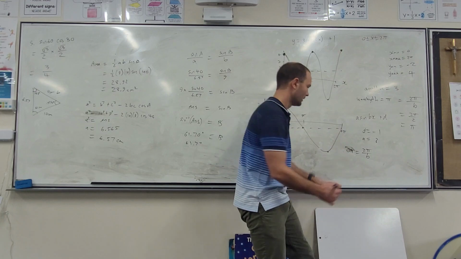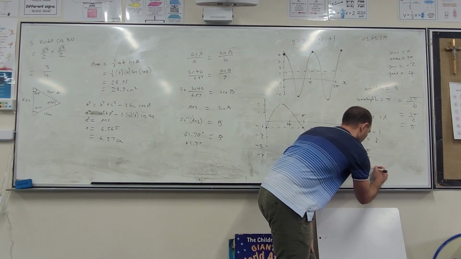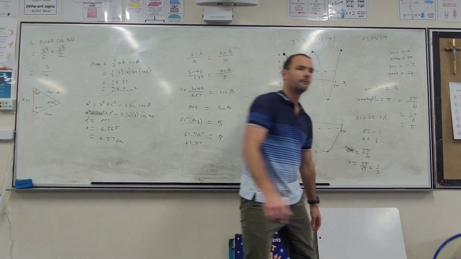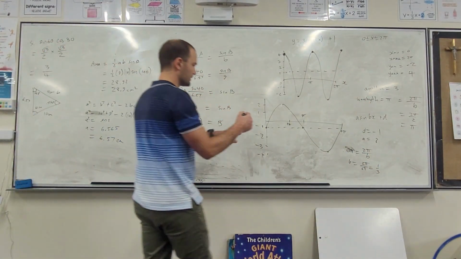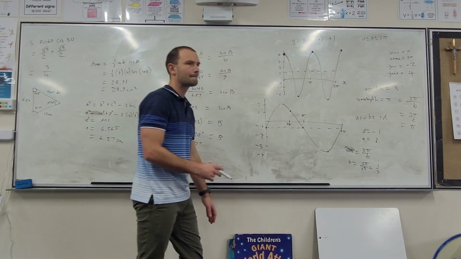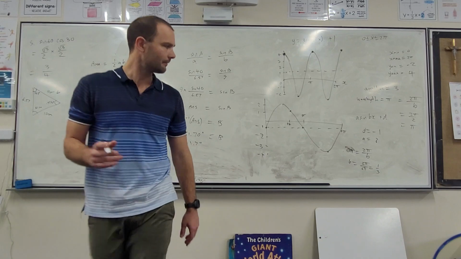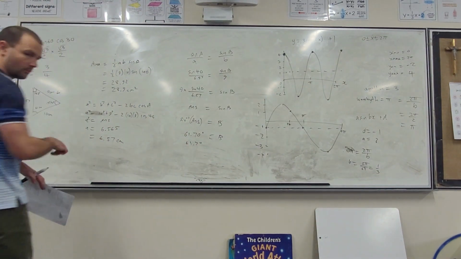We're swapping them. B equals 2 pi on 6 pi, which is a third. The value of B is a third. There is a third of a wavelength in 2 pi. So that's how we get the value of B for question 8. Very good. Move on. Question 9, almost done.